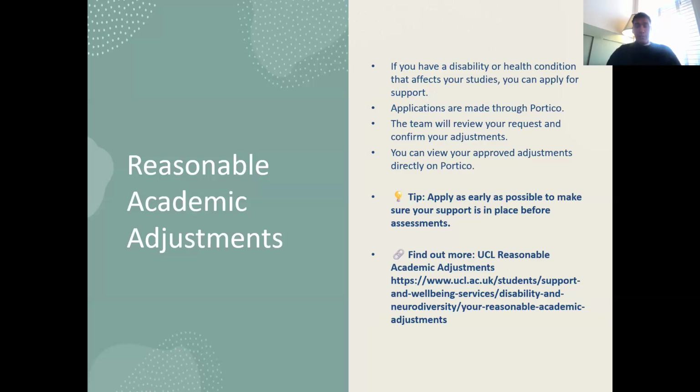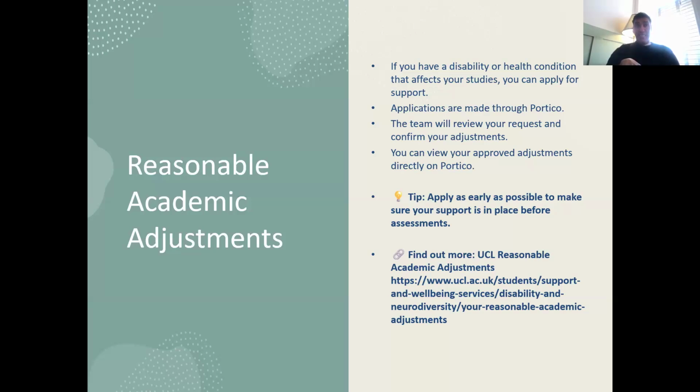The agreed adjustments can help ensure you're not unfairly disadvantaged. That may be extra time for assessments, adjusted deadlines, or specific learning support that you may need. All applications are made through Portico. Once approved, your adjustments will appear on your student record in Portico.